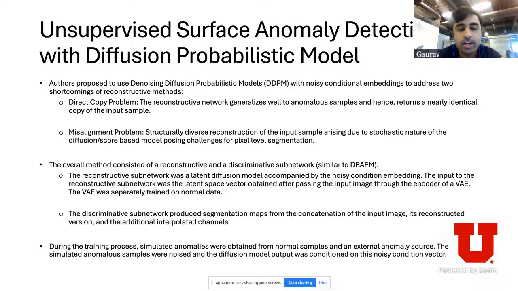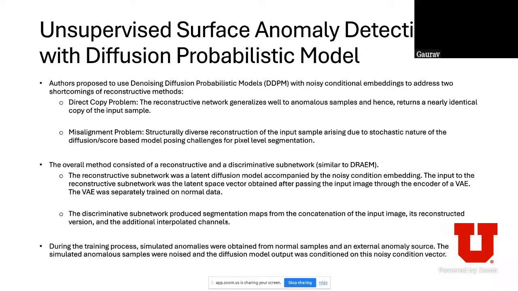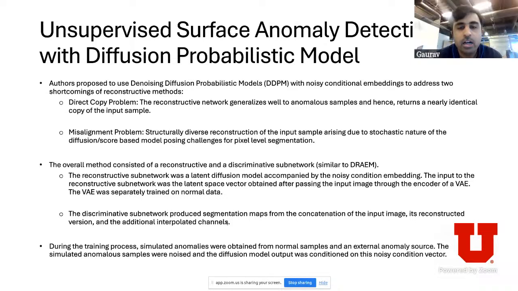So in this particular case, how did the discriminative subnetwork coordinate with the reconstructive subnetwork? The discriminative subnetwork uses the reconstruction obtained from the diffusion model, the normal reconstruction, along with the input image and various interpolations in between.